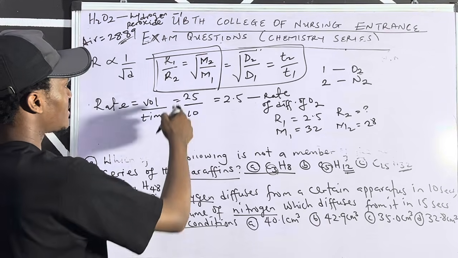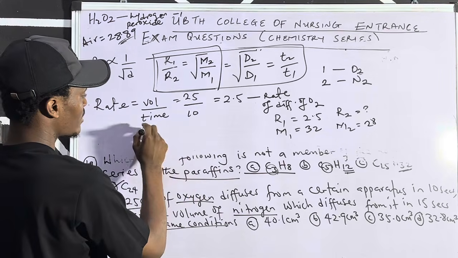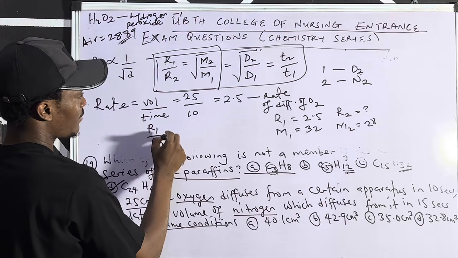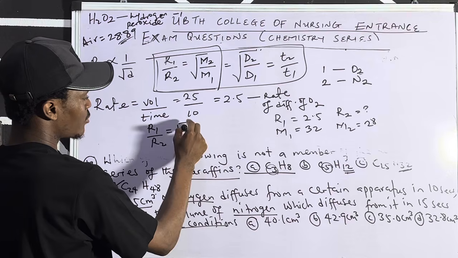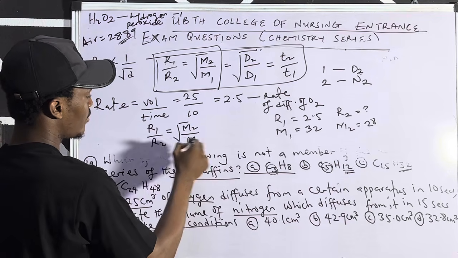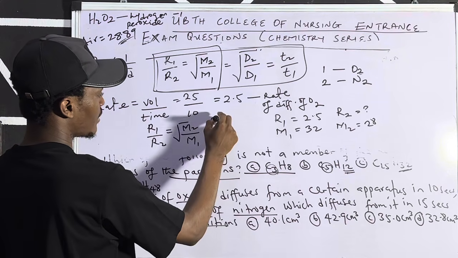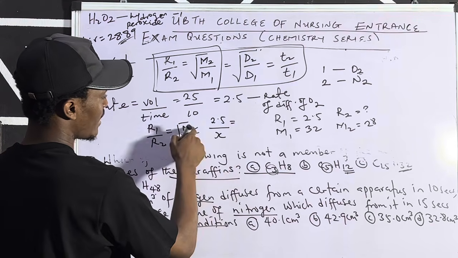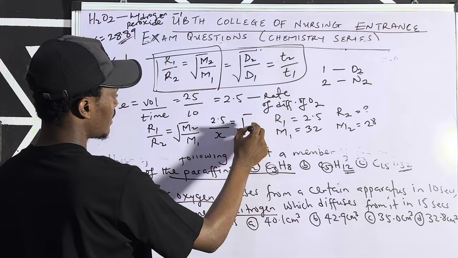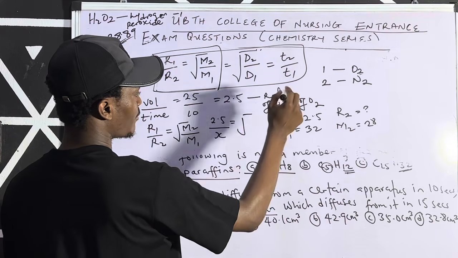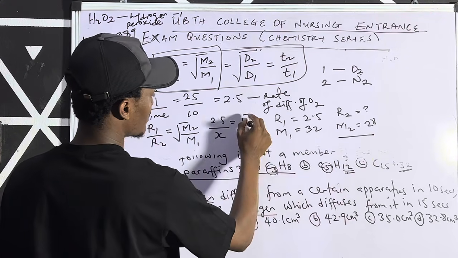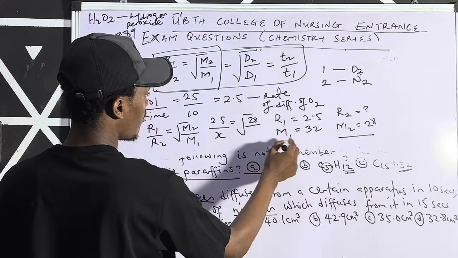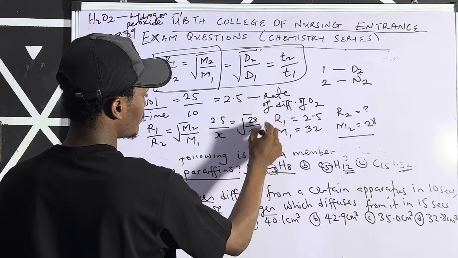Then let's plug it into the formula: R1 over R2 equals root of M2 over M1. Our R1 is 2.5 over R2, which is unknown, and M2 is the molar mass of nitrogen, 28, over M1, which is 32.